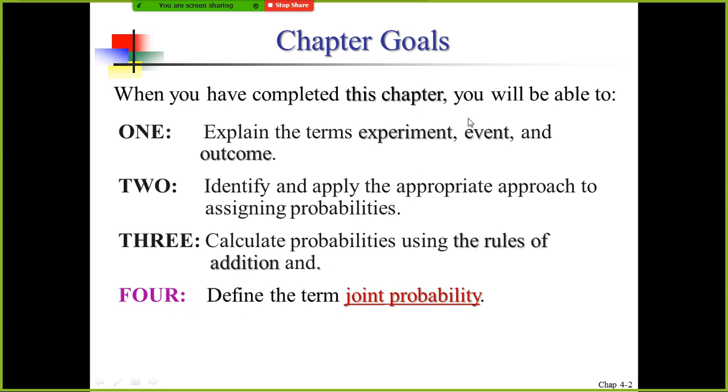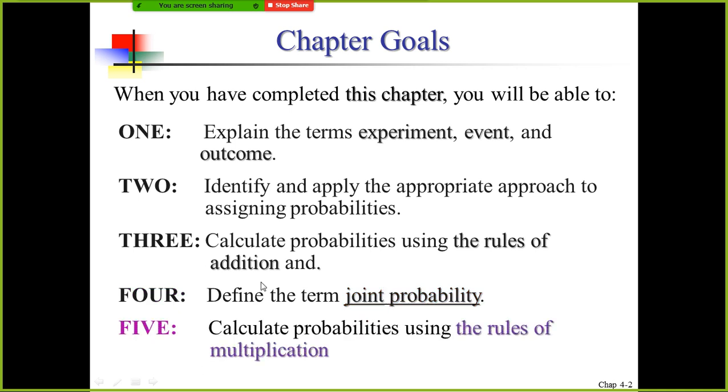Four, you will be able to define the keyword joint probability. So what does joint probability mean? Five, you will be able to calculate probabilities by using the rules of multiplication.